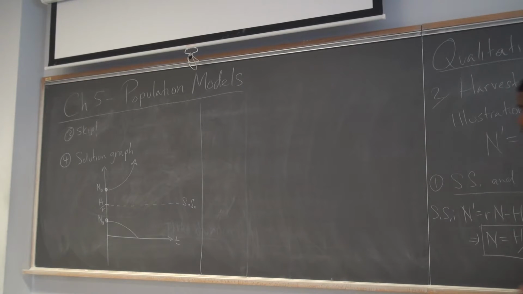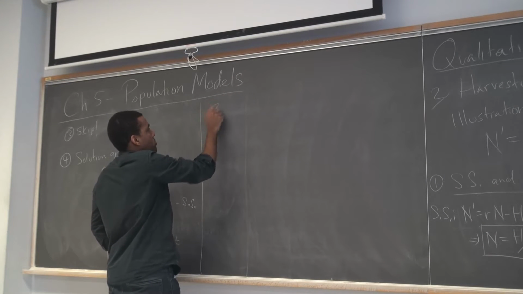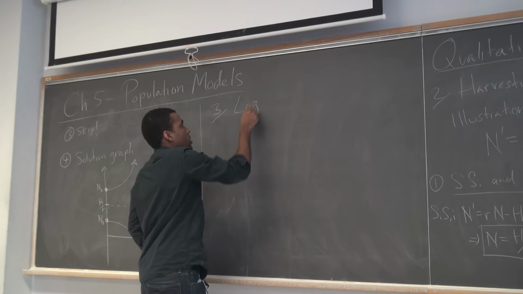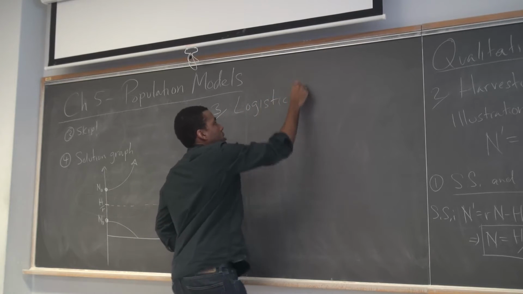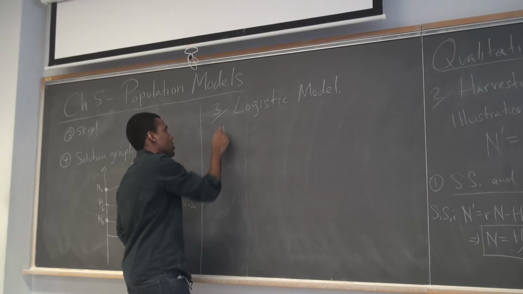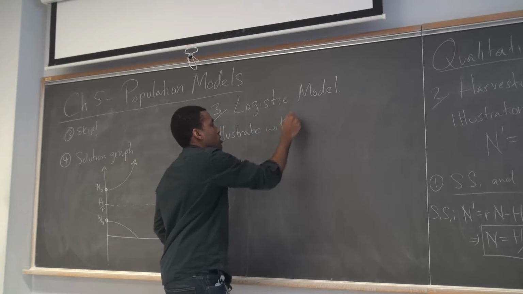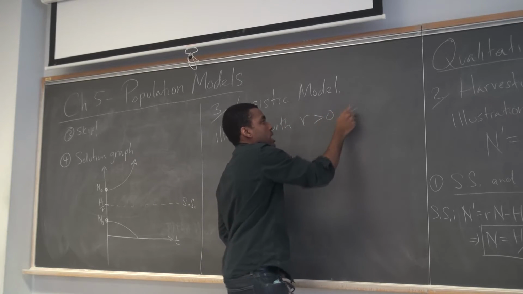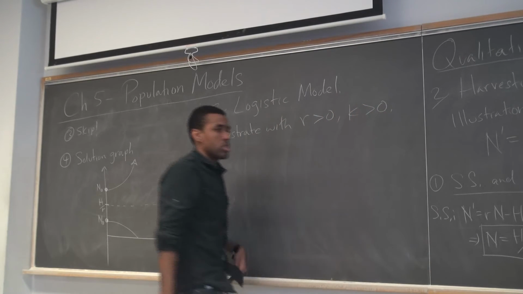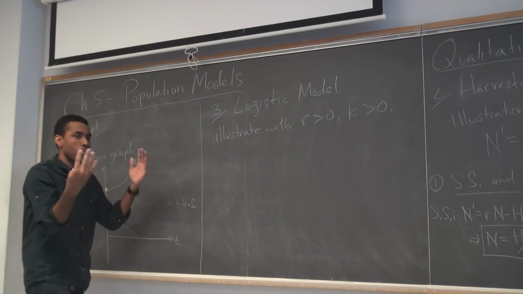Let's look at the logistic model. We're going to assume R is greater than 0 and K is greater than 0, which is always the case you're going to be given. So pretty much a logistic model will look like this no matter what the numbers are.